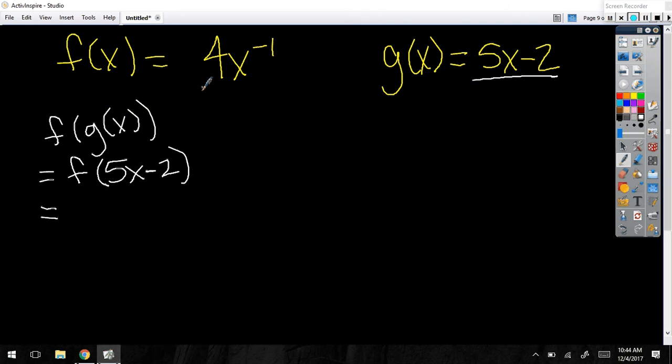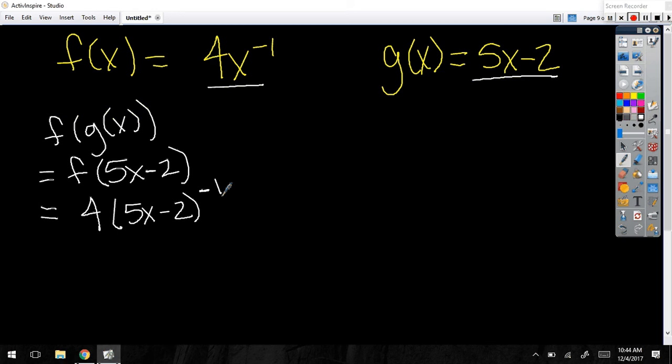So now I take f. It's not x anymore. What is it? 5x minus 2, and it's got a negative 1 exponent.